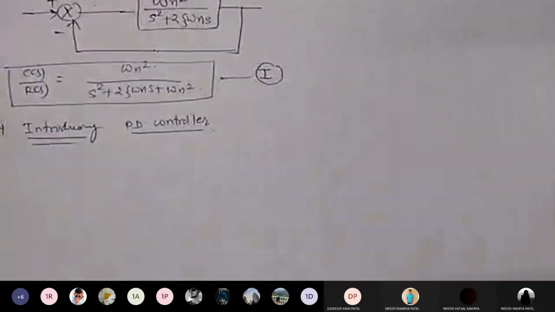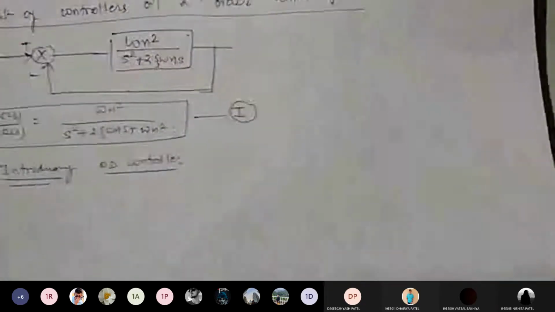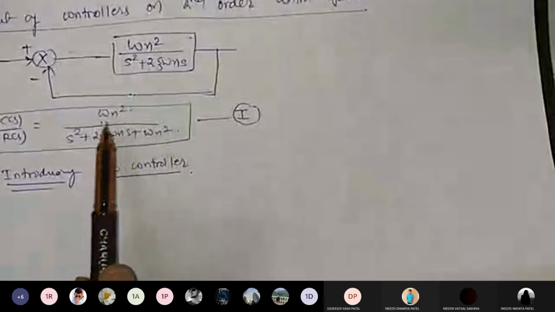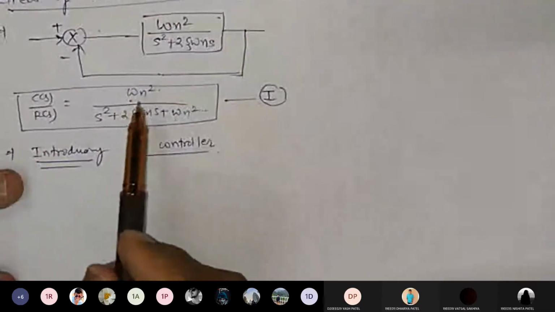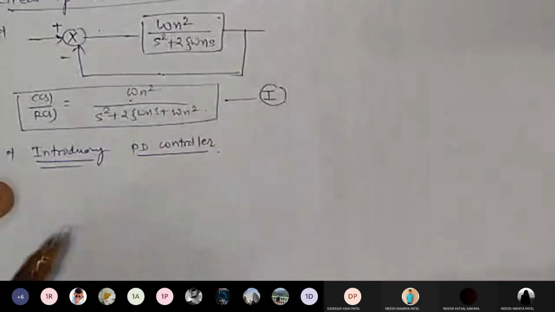Now I want to go for the PD controller. What will be the effect of the PD controller on the system? I am taking a second order system. For the second order system I found the transfer function, and this is what I got: the typical transfer function of a second order system, omega n square upon s square plus 2 zeta omega n s plus omega n square.